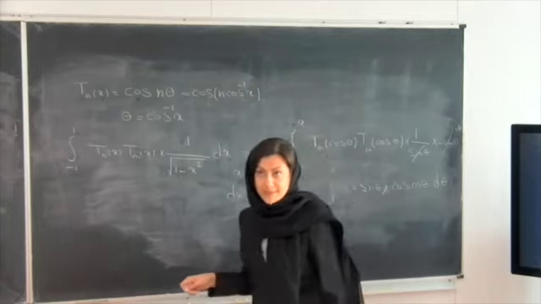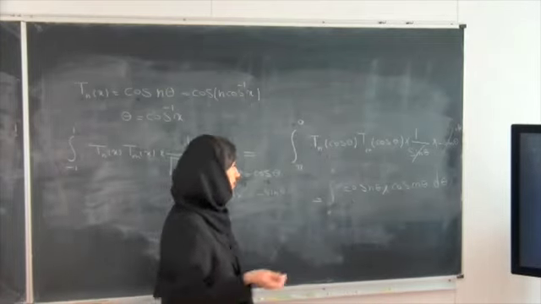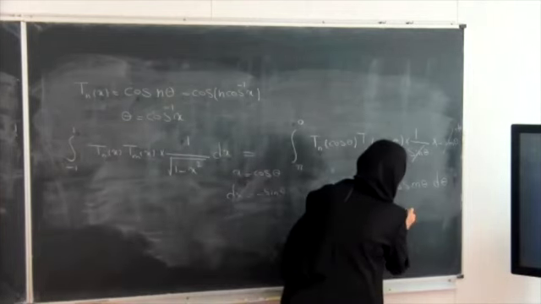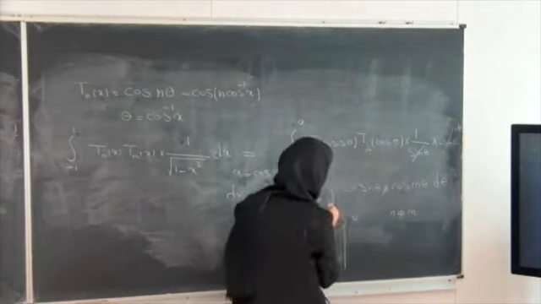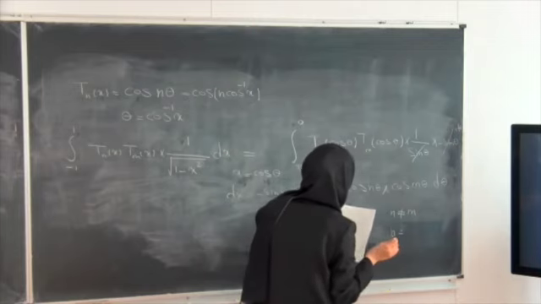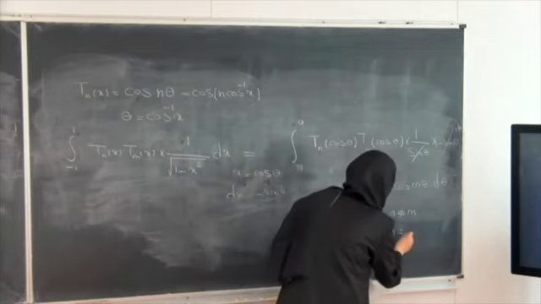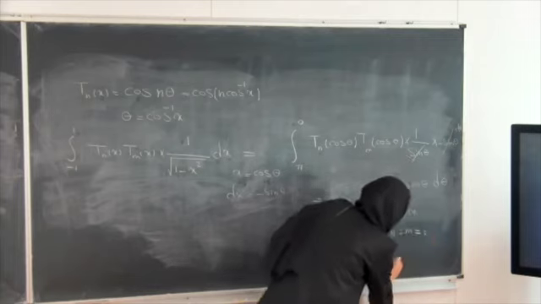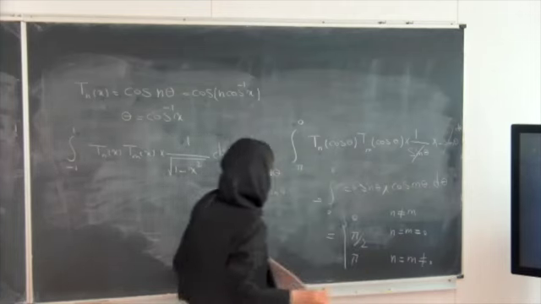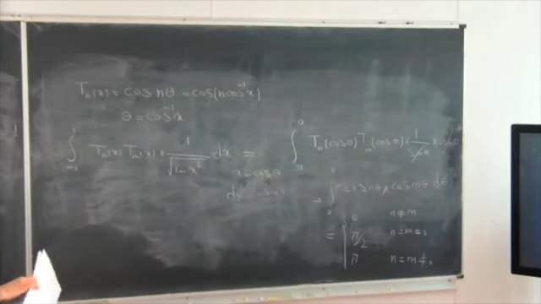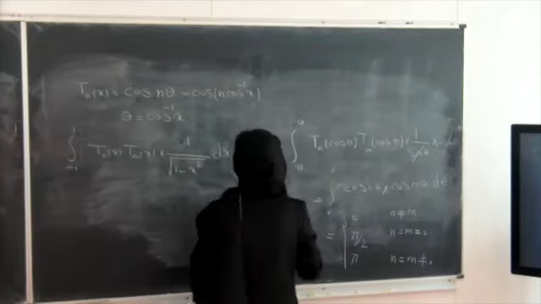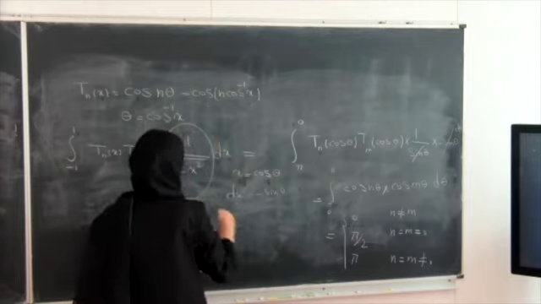And from the property of the trigonometric function, we know that it is 0 when n is not equal to m. It is pi over 2 when n equals m not equal to 0, and it will be pi when n equals m equals 0. So we know that Chebyshev polynomials are orthogonal with respect to this weight function.